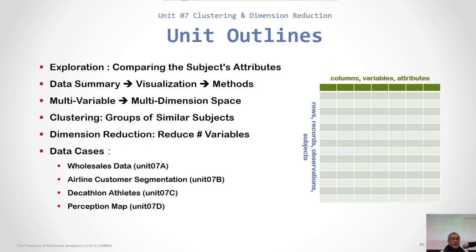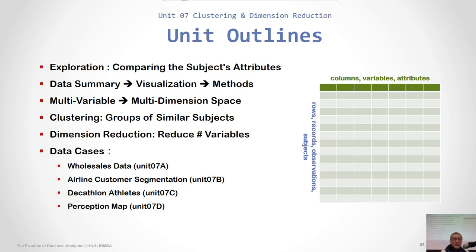By analytic method, I mean like modeling, like prediction, like clustering, like dimension reduction. Now, don't worry about the terminology if you do not know them yet. But this is what we mean by multivariate analytic method.